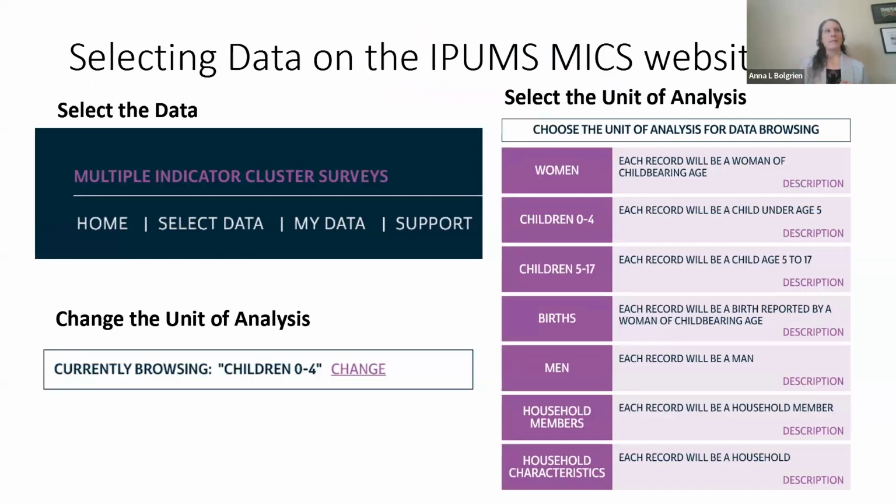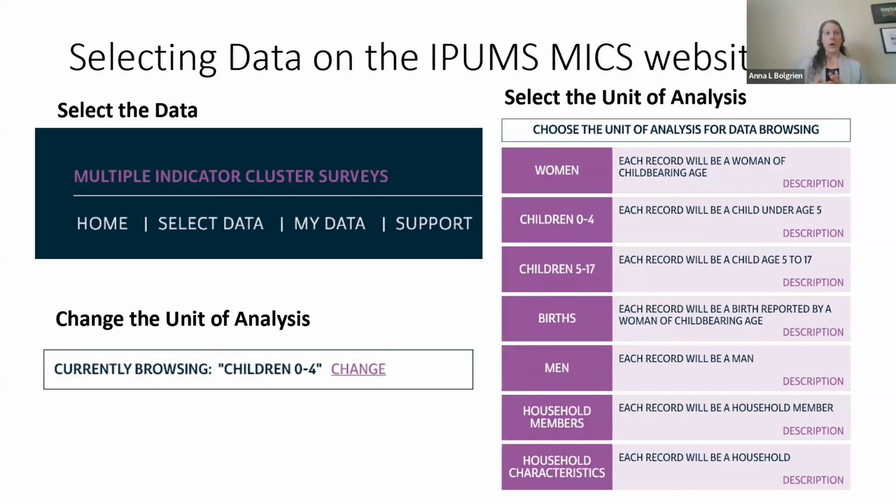When you are navigating the IPUMS MICS website, you will want to select the data and then select among these units of analysis to begin browsing among variables available for that unit of analysis. When you are on the IPUMS MICS website, you are only able to browse and create an extract for one unit of analysis at a time.